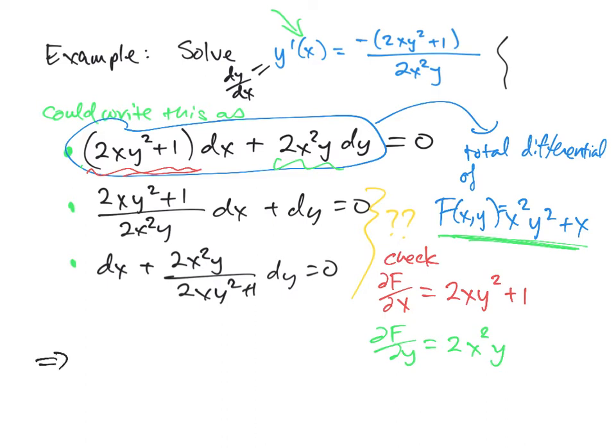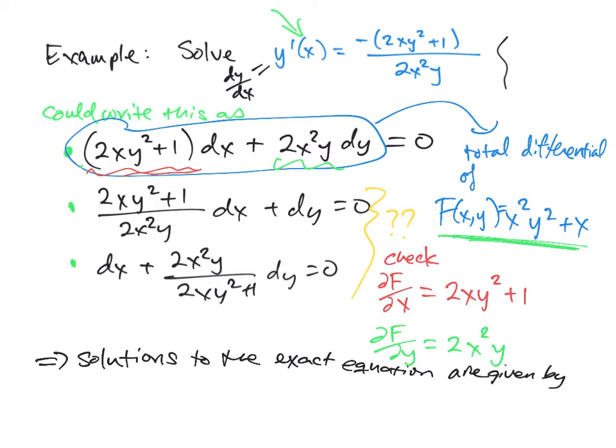So this tells us that the solutions to the exact equation are given by f of x, y, which in this case is x squared, y squared plus x equals a constant.